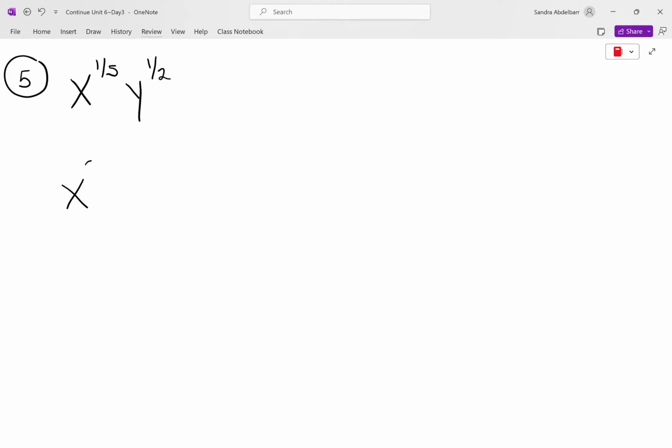So this is going to be x to the 2/10 times y to the 5/10. Now, do they have the same index? Absolutely. So this is going to be the 10th root of x to the second, y to the 5th.